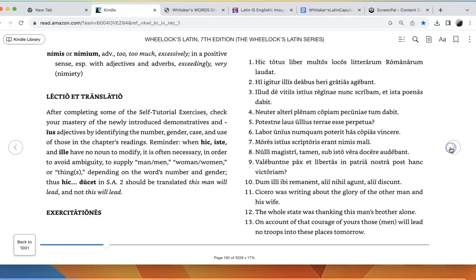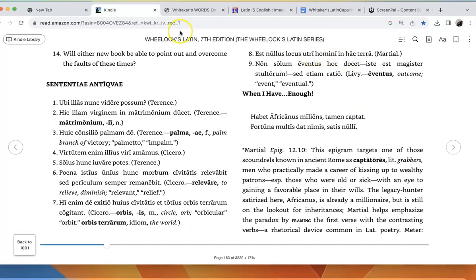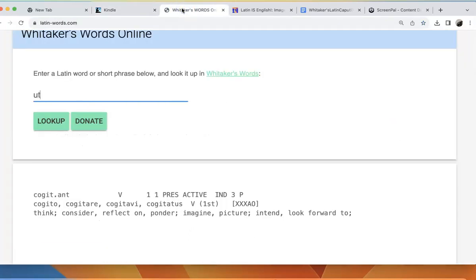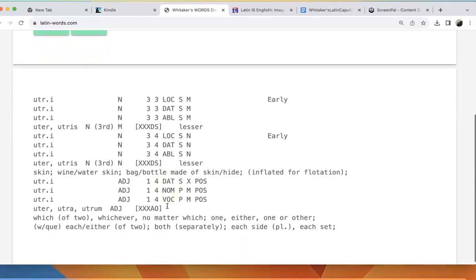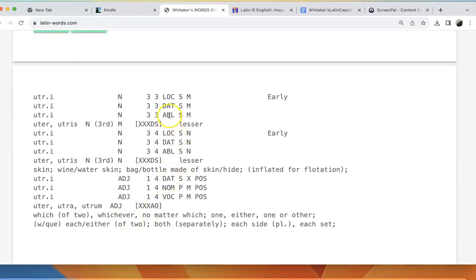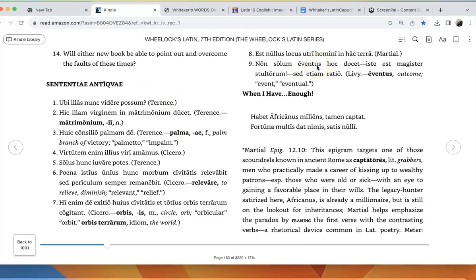But remember, these function as adjective words, and so we've got to look up the endings here. Utri, so this one is a new word for us, I believe. And it can mean either locative, dative, or ablative. So it's either going to mean to either or by either. We're going to have to keep that in mind to see which one works here.